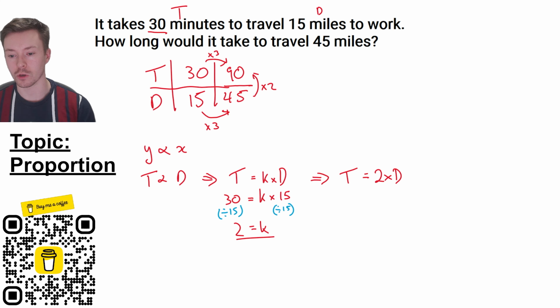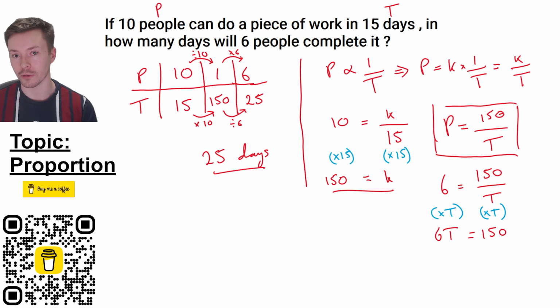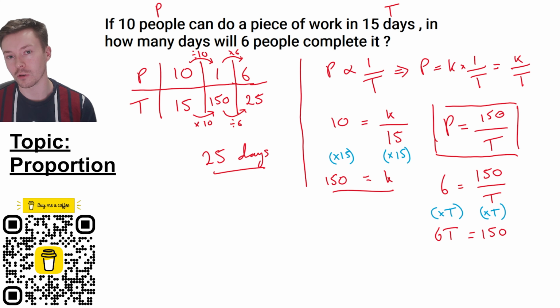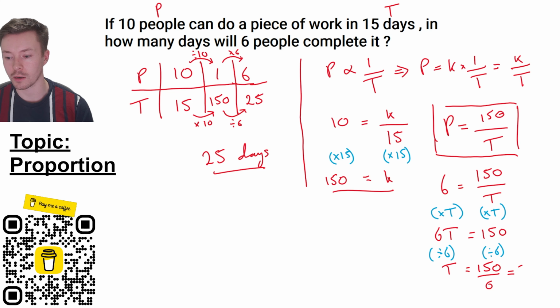And what ends up happening here, which you will notice if you do a lot of these questions, is if you need to work out the denominator, you end up essentially swapping the denominator with the number on the other side of the equals, and once you've done it quite a few times, you'll be able to just notice that trick and do it immediately without having to write this out every single time. So divide by 6 now on both sides. Get T is equal to 150 divided by 6, which again is 25 days.